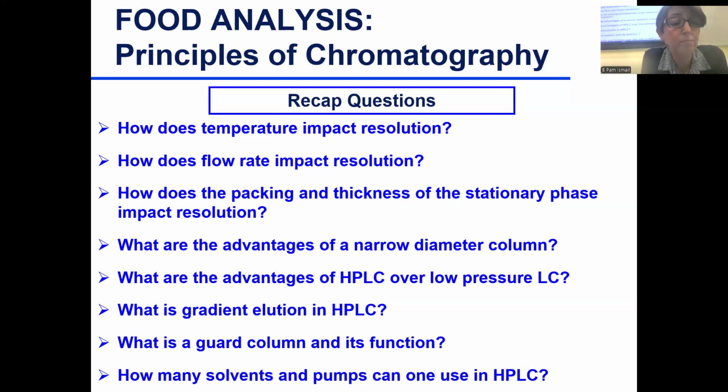What is a guard column and what does it do? Absolutely. Impurities can bind very strongly to your column and block functional groups, and you don't want them to get to your column.